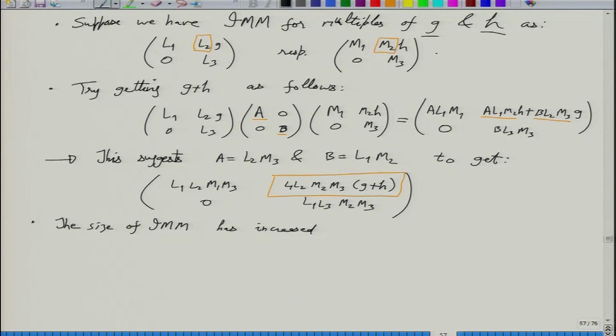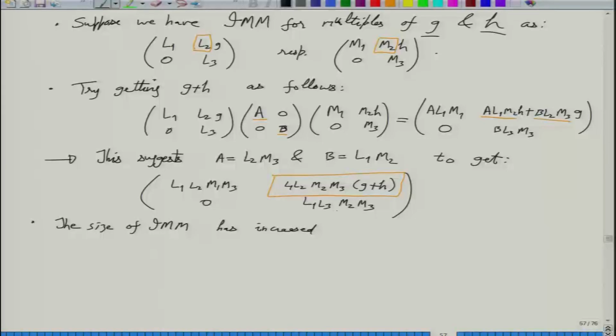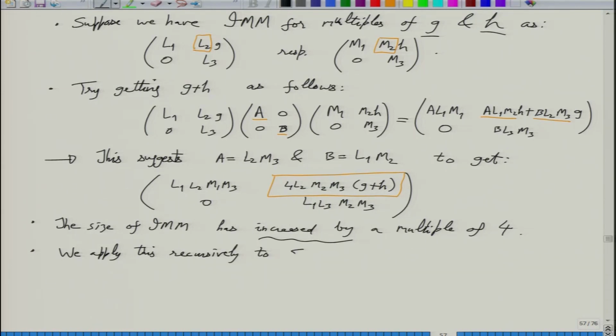No, what matters is the size. If your size is coming out to be poly, then you are fine. By a multiple of 4. So the max increase is 4 times in one step of this. So we apply this recursively to sigma pi log k many times.